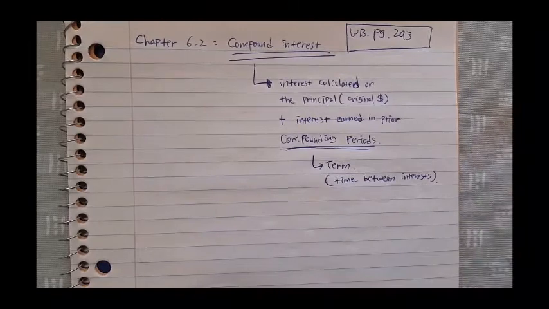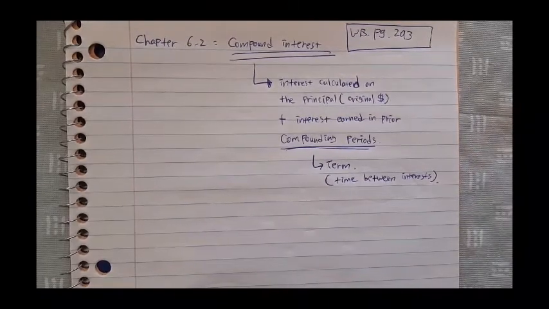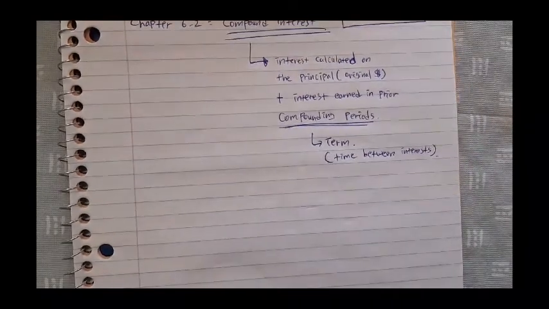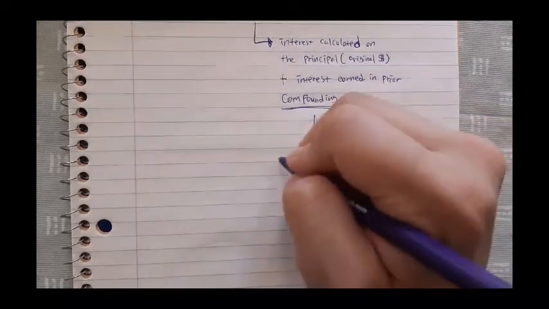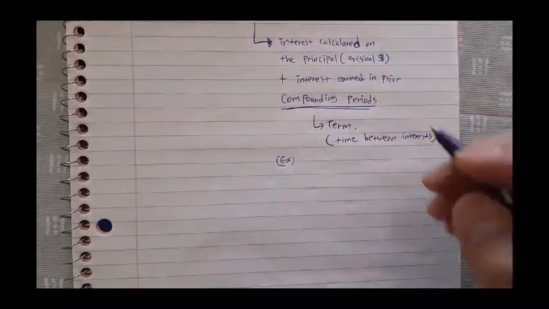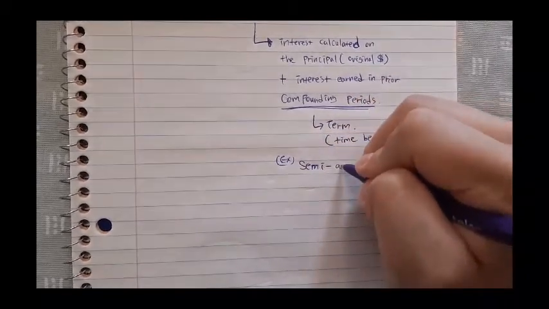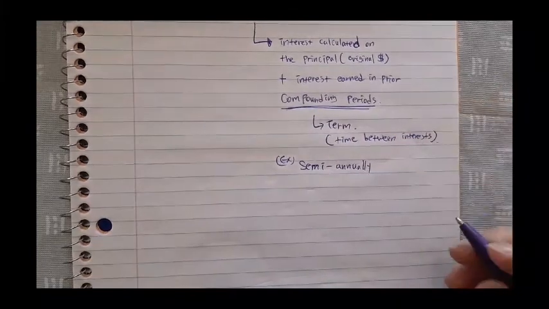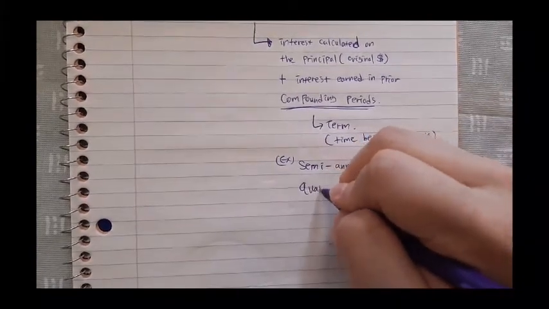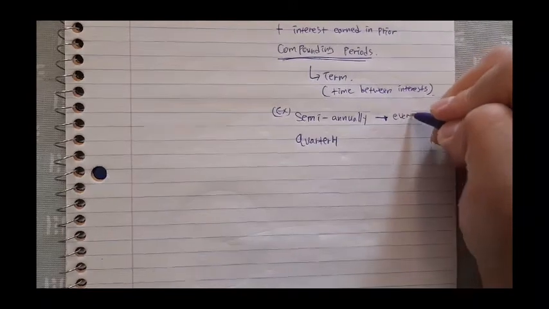There are different types of compounding period, for example, semi-annually, or you may see the word quarterly. Semi-annually is every 6 months, since a year is 12 months, and if you divide it by 2, that's every half year.